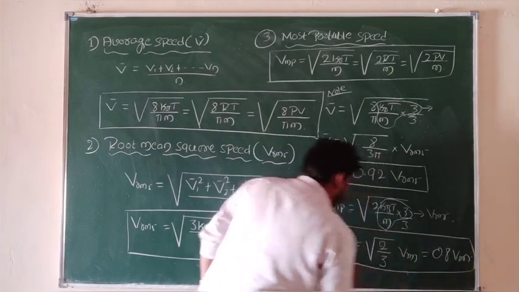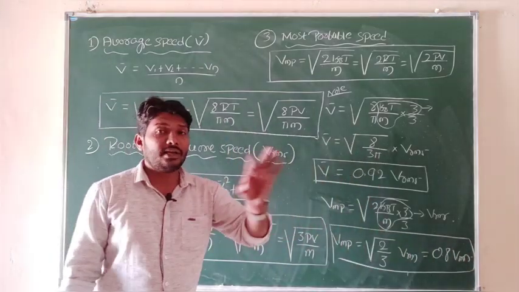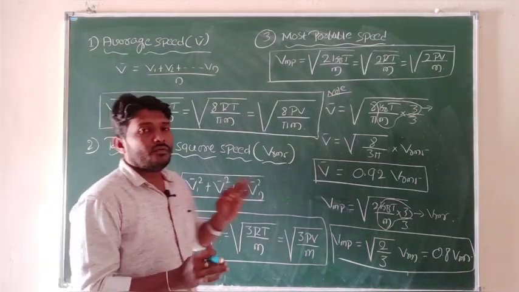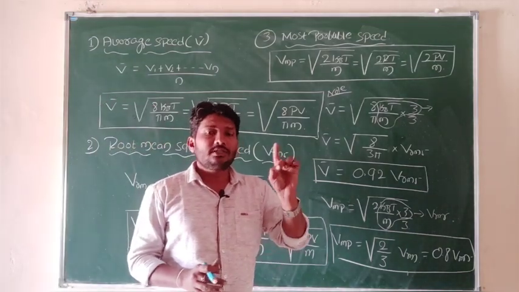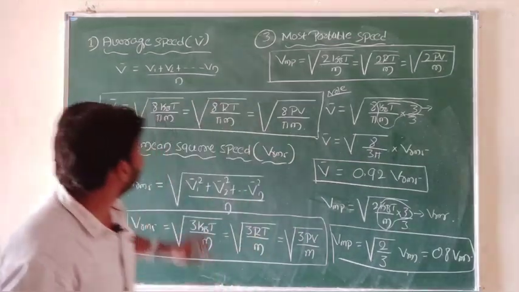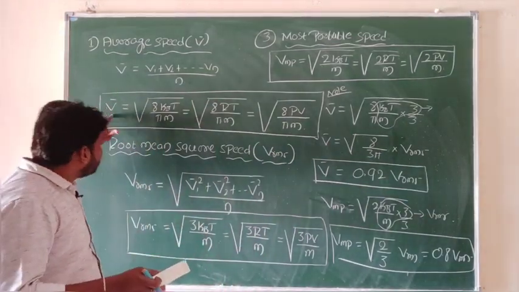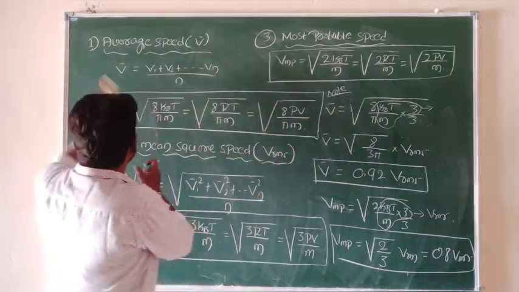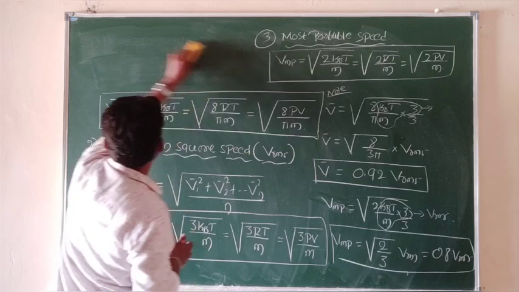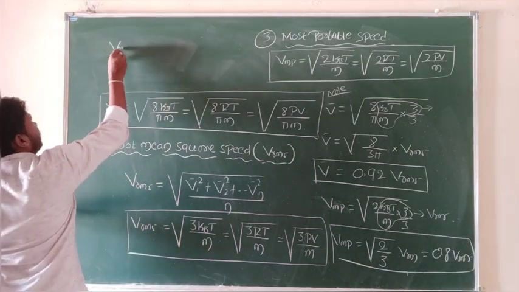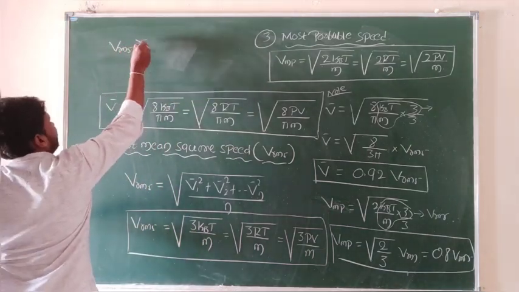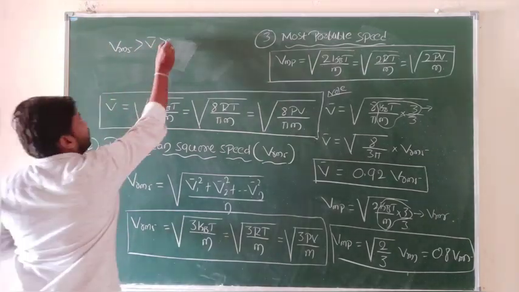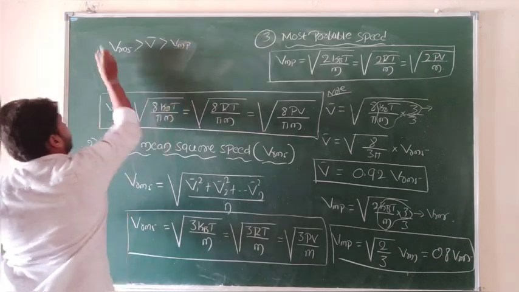So from this it is clear that the VRMS value is greatest out of these three. Root mean square speed is greater than average speed, and average speed is greater than most probable speed. So look here, I got a conclusion. VRMS is greater than average speed, and average speed is greater than most probable speed.